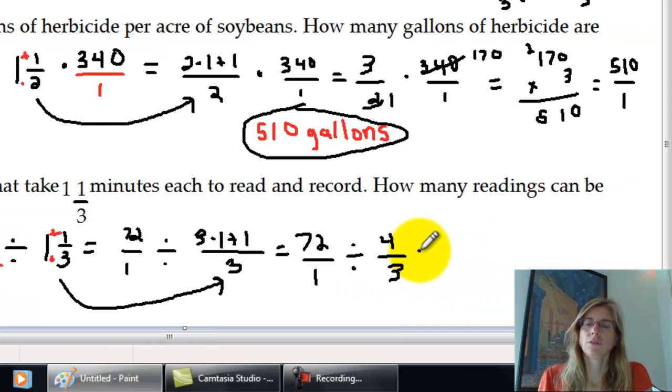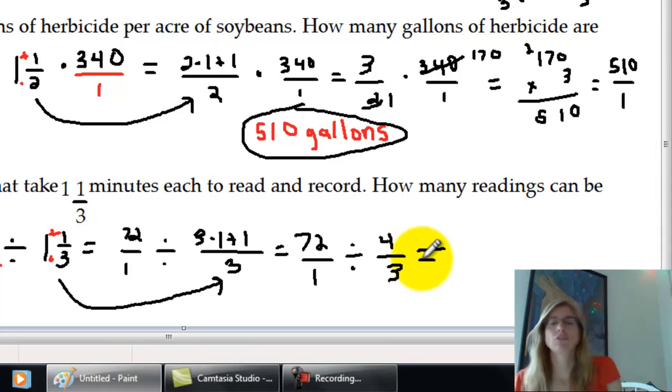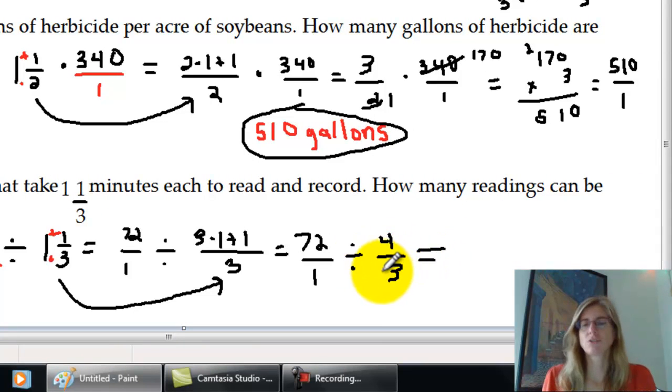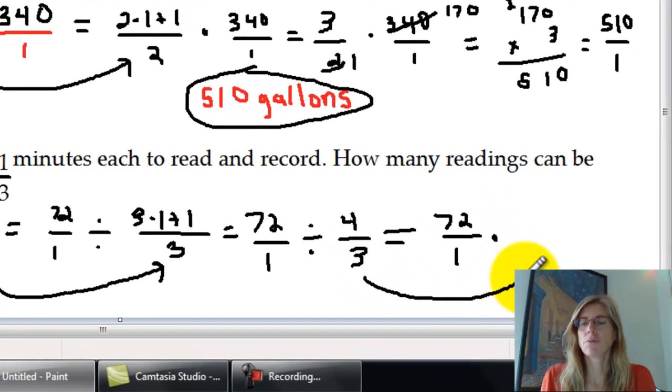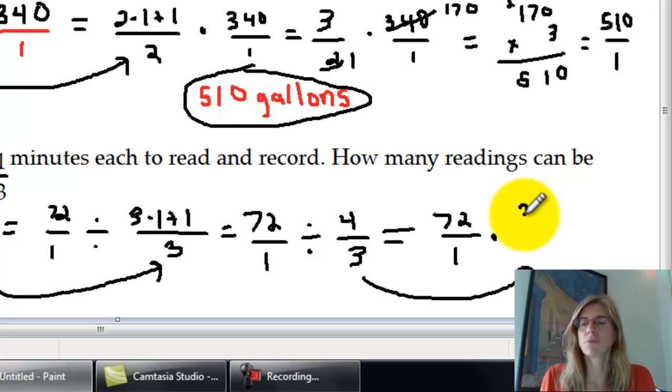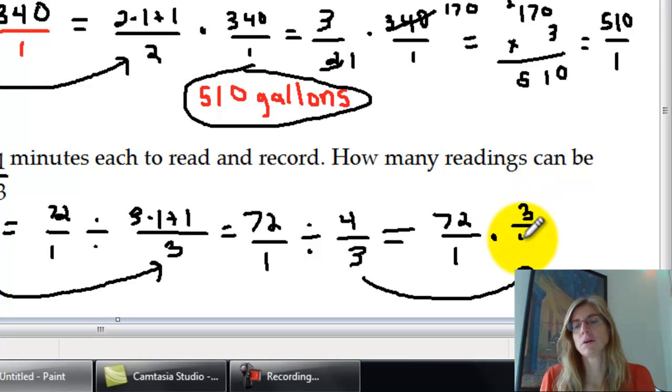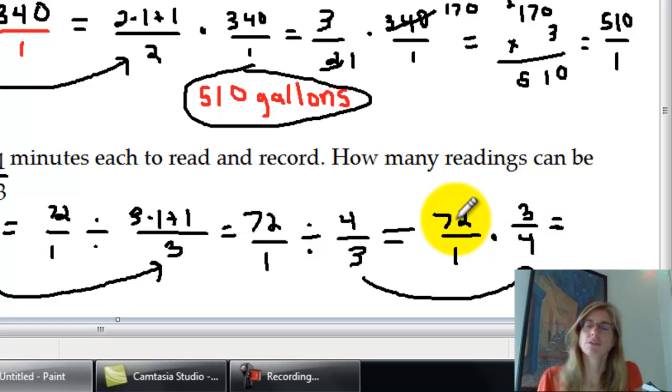And then we will follow the directions for division, which is to multiply by the reciprocal of the divisor. So we'll rewrite it as a multiplication problem times the reciprocal, which is 3/4, that means turning around, the reciprocal of the divisor. And we can divide 4 into 72.